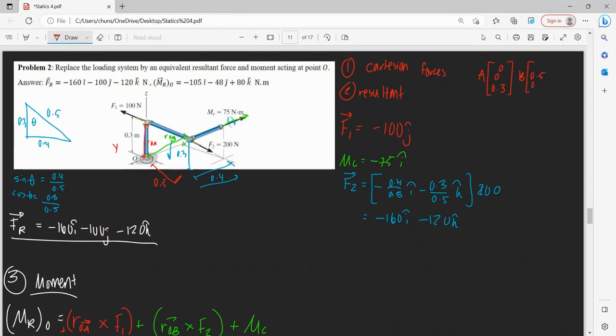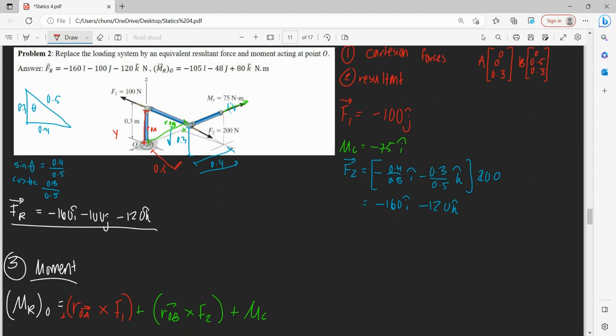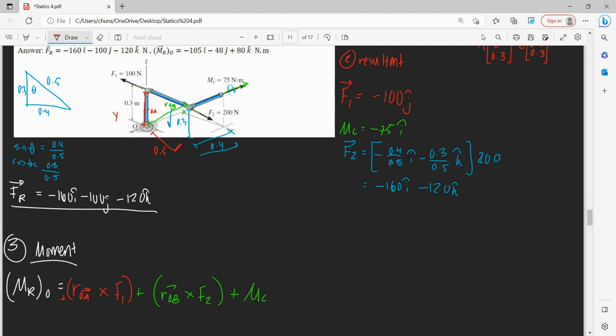This is at a height of 0.3, and that is 0 up at the top, because we are not moving that way at all. And this acts as a free couple, so it doesn't really matter where the location is.